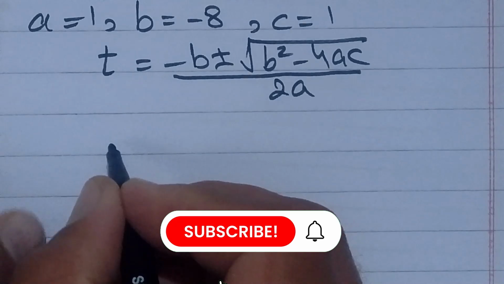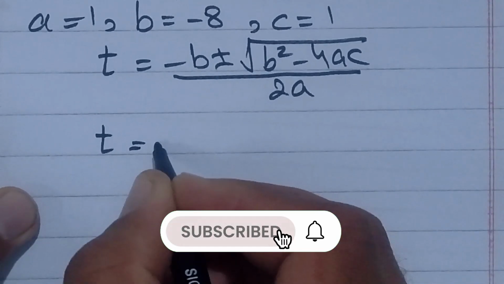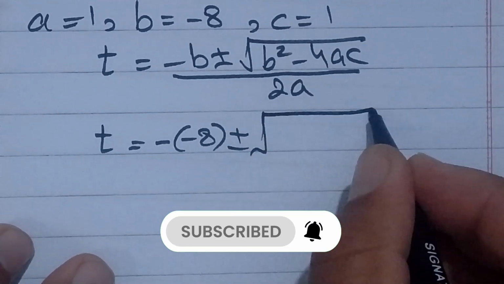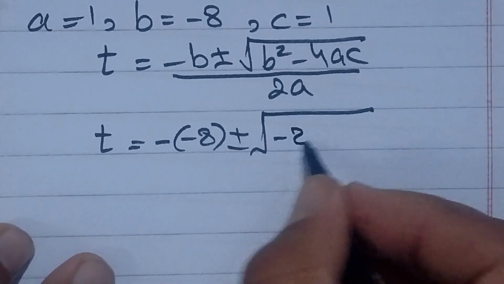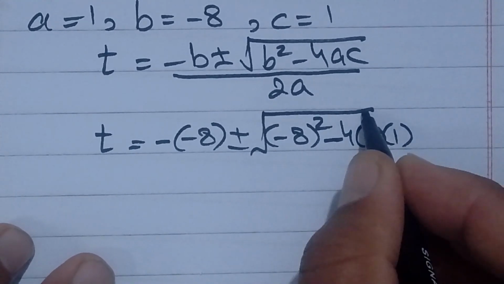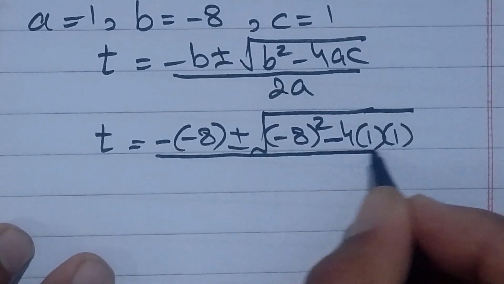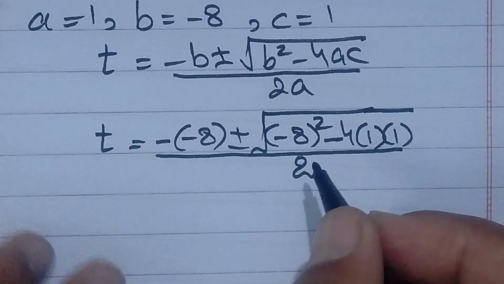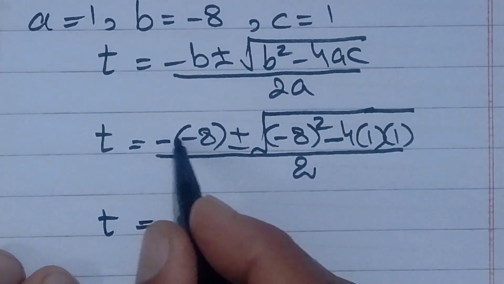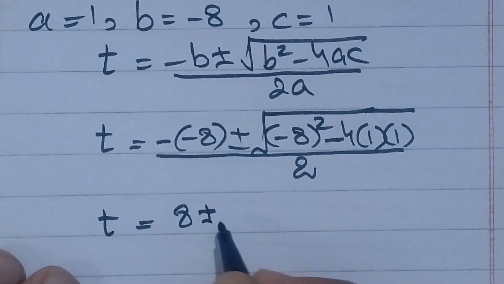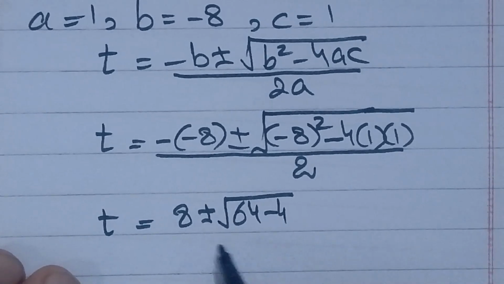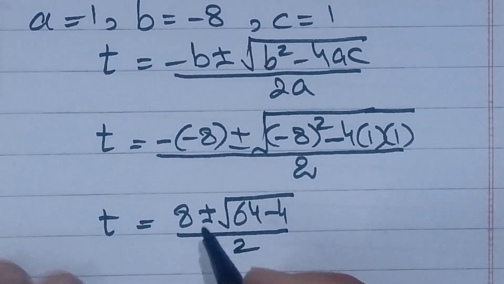Here t is equal to minus of minus 8 plus minus under root minus 8 whole square minus 4 into 1 into 1 over 2. Now t is equal to 8 plus minus under root 64 minus 4 over 2.